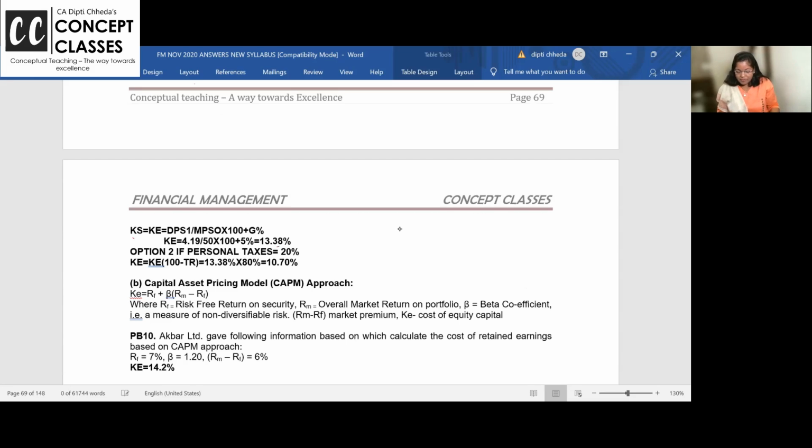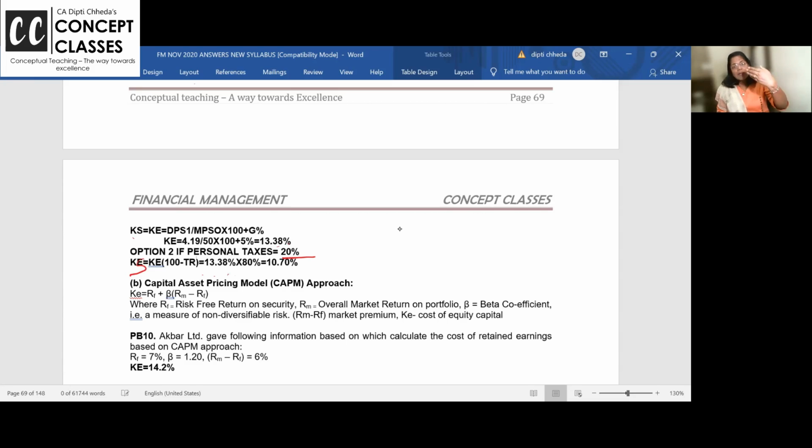Whatever it is. But when reserves are given to the shareholders in the form of dividend, they need to pay their personal tax also. So in exam, if personal tax is given as 20%, then KS is equal to KE. KE has come. What is KE? 13.38, DPS1 by MP into 100 plus growth rate and all.